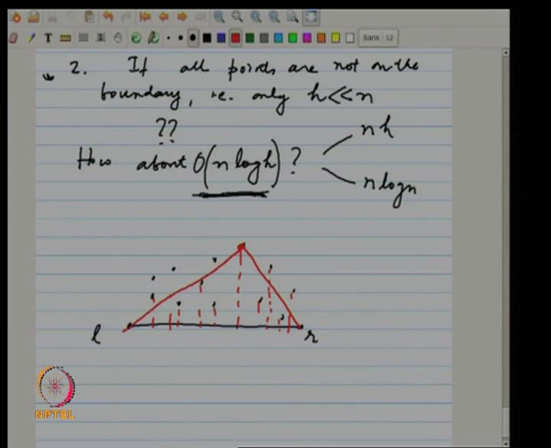Any point in the triangle will not be on the convex hull. Gone. So these points are all gone. What you are left with are points here and points here. So what you can do now is try to construct recursively the convex hull of this side, or let me use another.